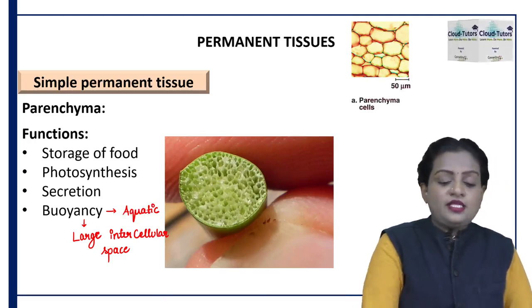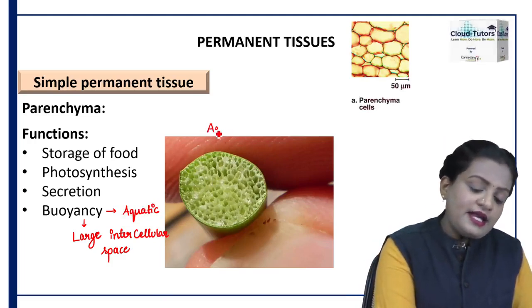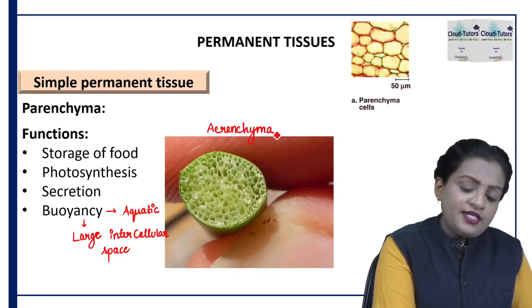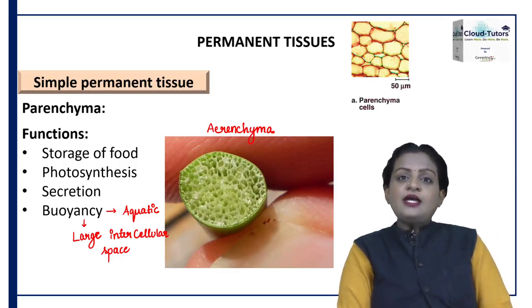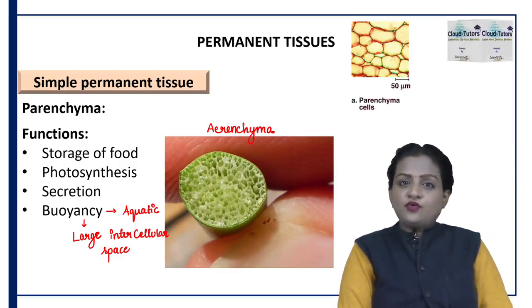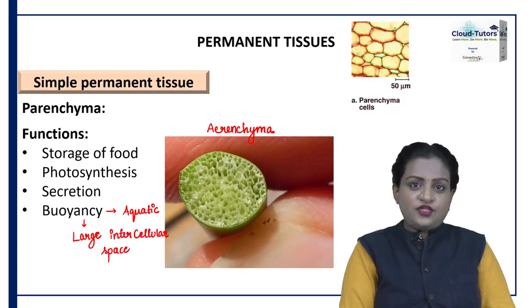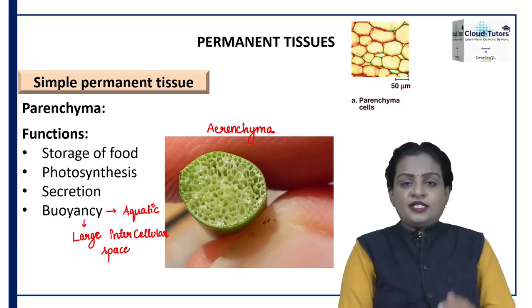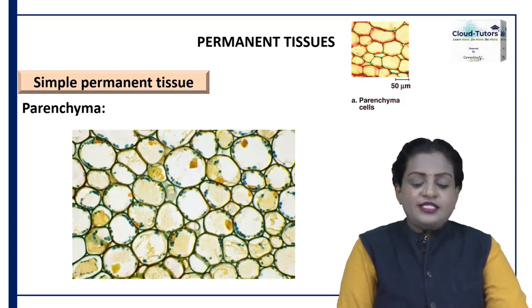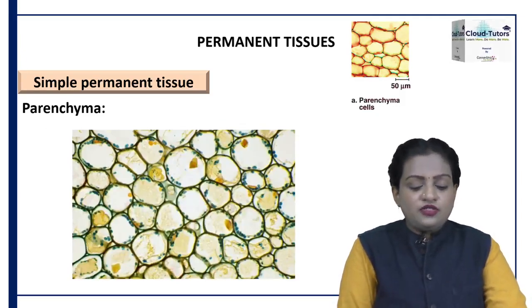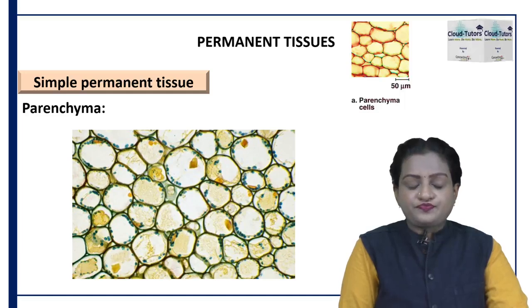So in this case, the modified parenchyma is known as aerenchyma. This helps in buoyancy to help the plant float and also acts as a reservoir for gaseous exchange. So these are the functions of parenchyma. Now, this is how a typical parenchyma looks under microscope.